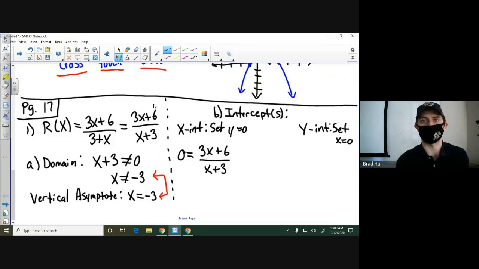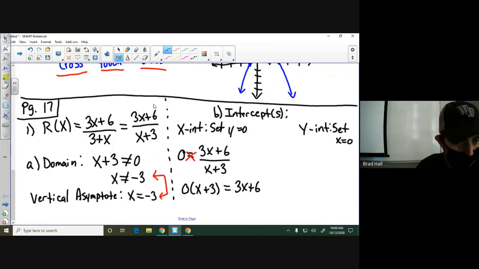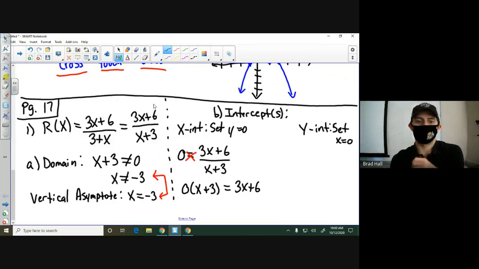How we can simplify this, we can cross multiply, or equivalently multiply both sides by the least common denominator of x plus 3. I'll go ahead and just view this as a cross multiplication, which would give us 0 times x plus 3 is equal to 3x plus 6. And 0 times anything is 0.